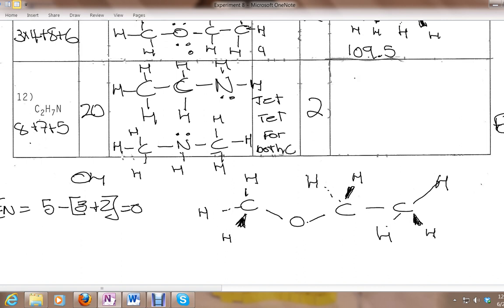Let's draw the 3D. This one, I think this is a little bit not like this because then it's going to be 120. I think, I'm not sure.